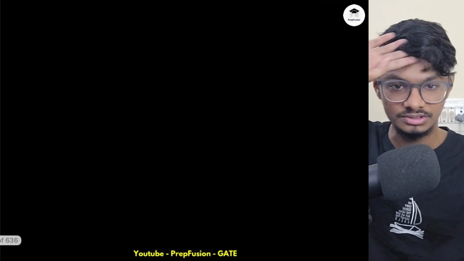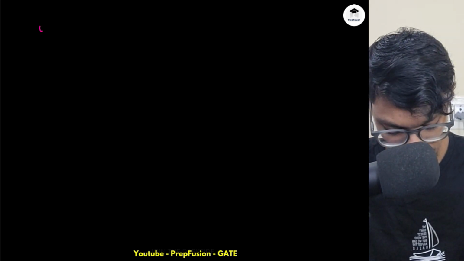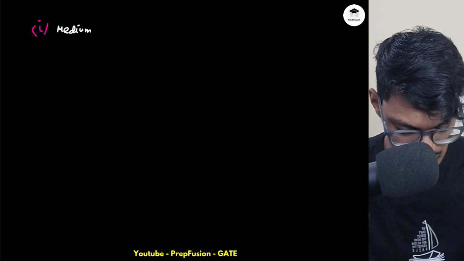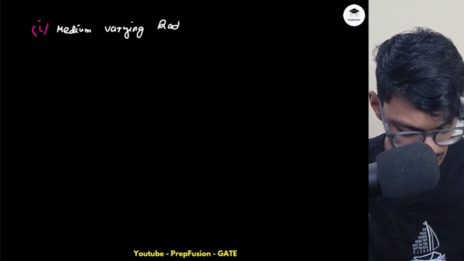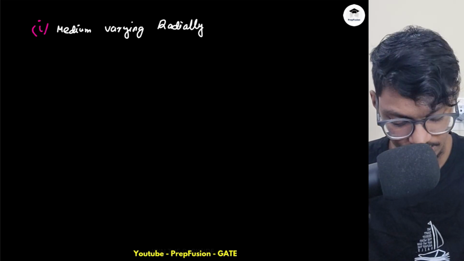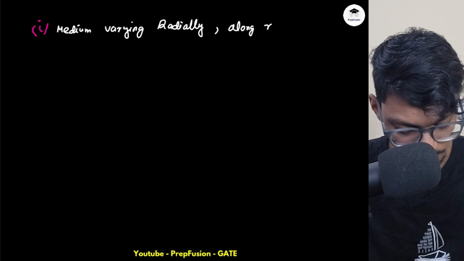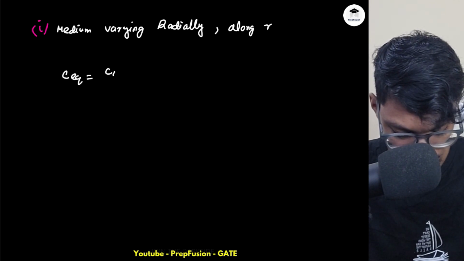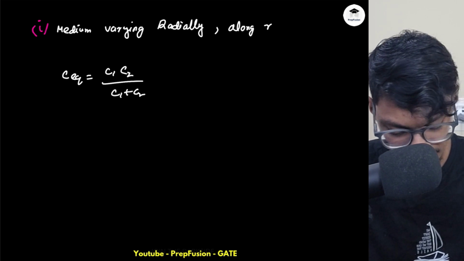So if you remember the formula for the capacitance for the first case, the first case is medium varying radially, meaning along R. If it is varying along R, my C equivalent will be C1 C2 divided by C1 plus C2, as they are in series.